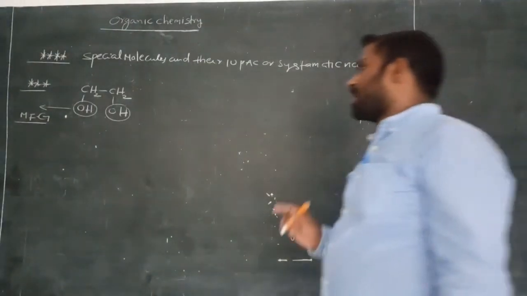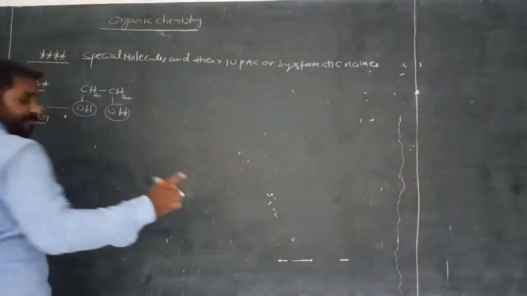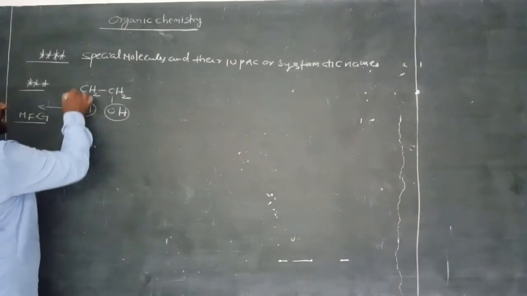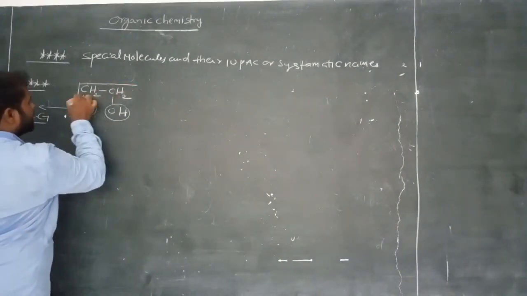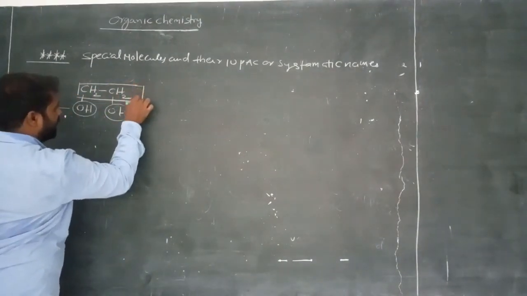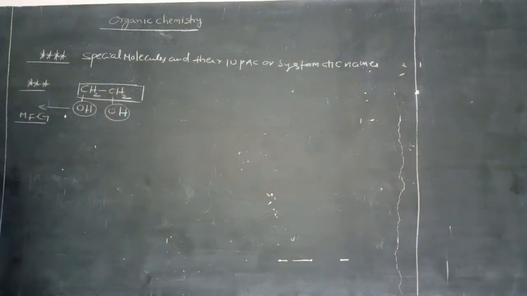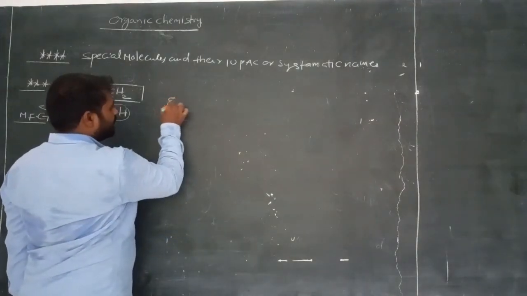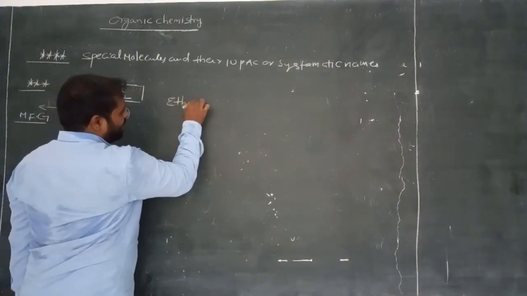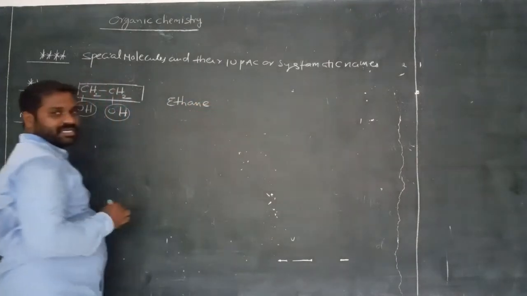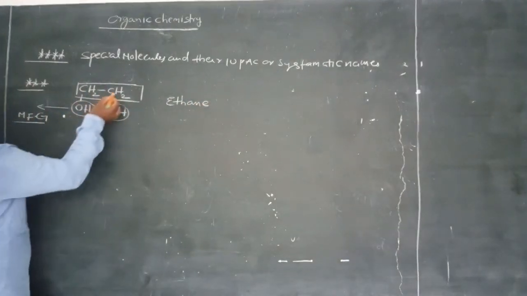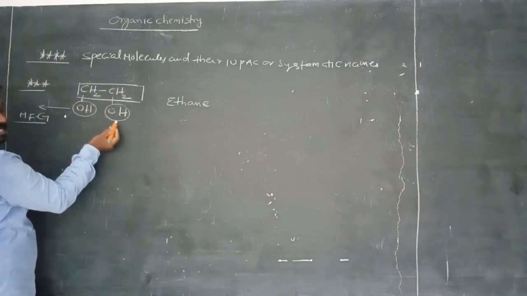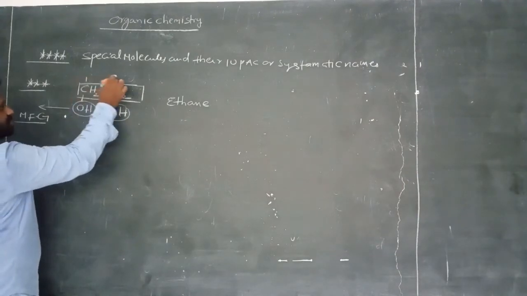Now what is the IUPAC name? First, identify the longest carbon chain. This is the longest carbon chain as the parent chain, am I right? It consists of 2 carbons, so the root word is eth, ethane. Now give the numbering either from this side or this side, because both have the same priority functional group. 1, 2.